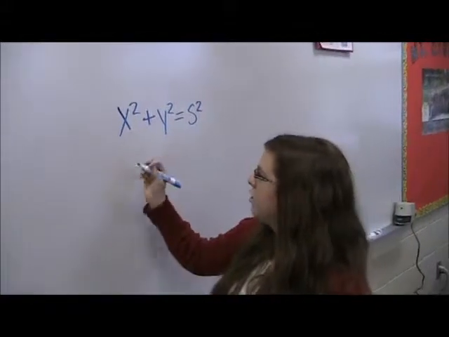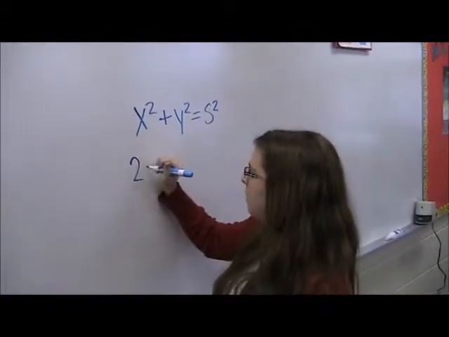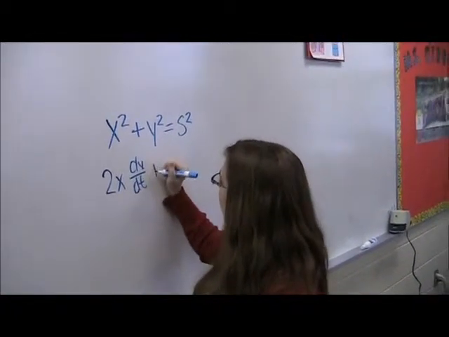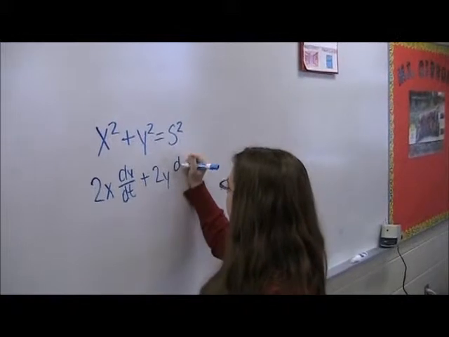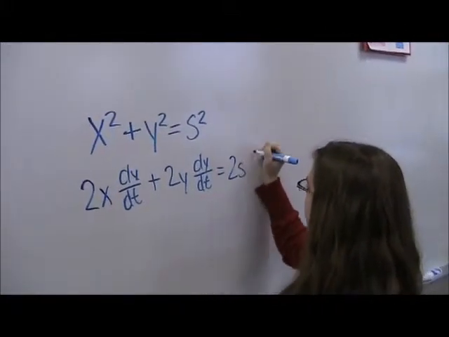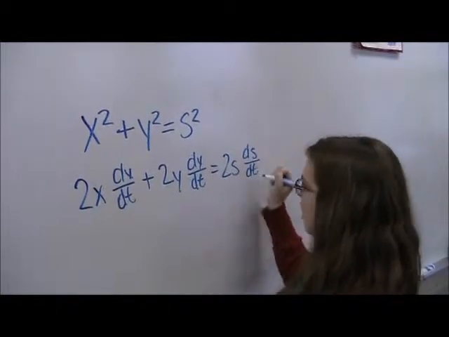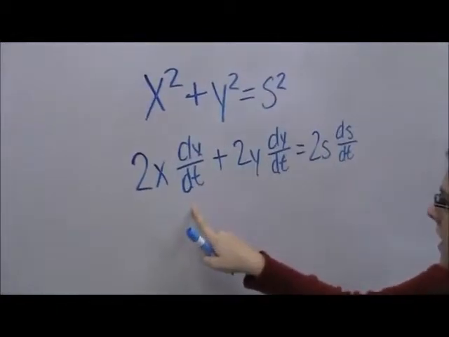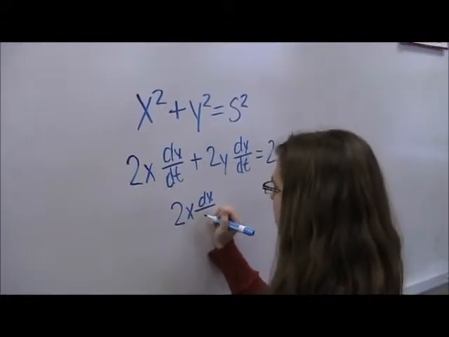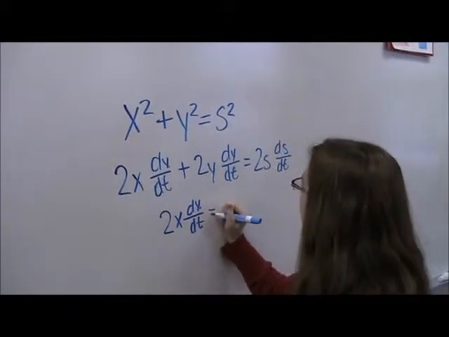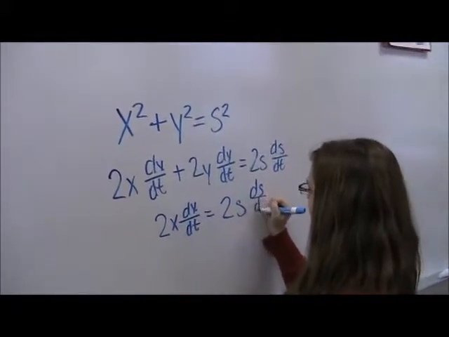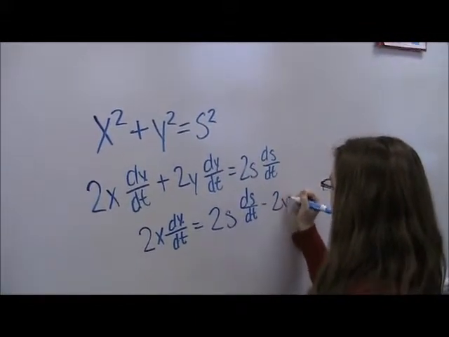Okay, so we take our equation, which is the Pythagorean theorem, because we're using a triangle, and you differentiate it. x squared becomes 2x dx/dt. y squared becomes 2y dy/dt. And s squared becomes 2s ds/dt. You need to solve for dx/dt. So you subtract 2y dy/dt, so that equals 2s ds/dt minus 2y dy/dt.